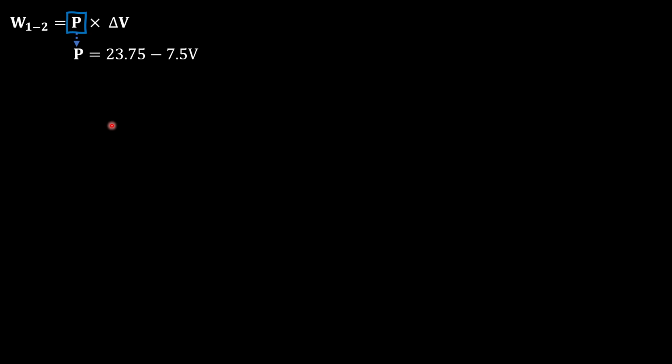Since we have a variable pressure, we will use integration. So from 1 to 2, it will be from the volume at 1 all the way to the volume at 2, and it will be pressure, which is this expression right here, times dV.